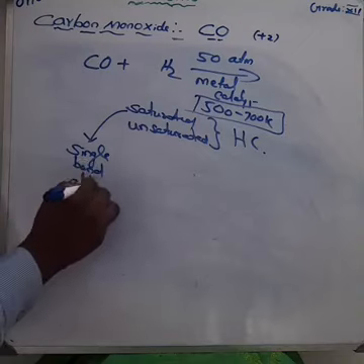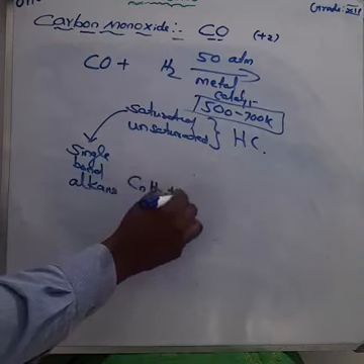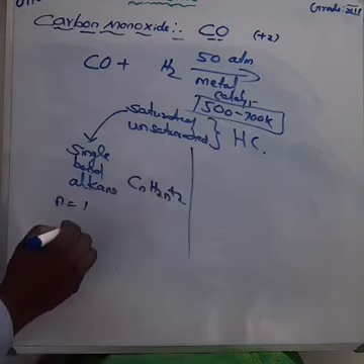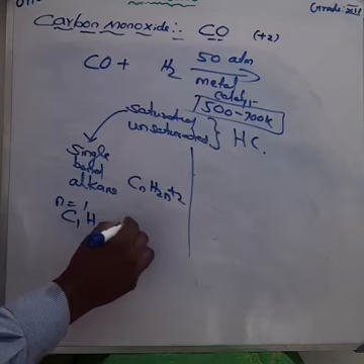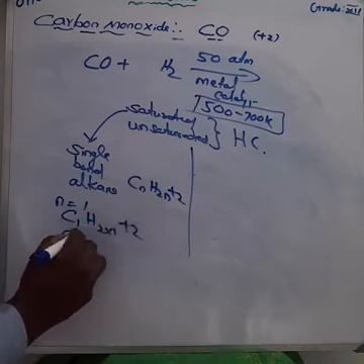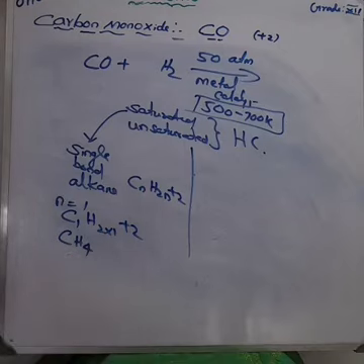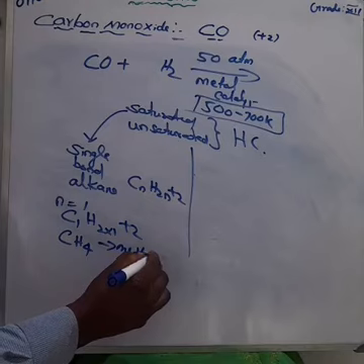The general formula of alkane is CnH2n+2. For example, n equal to 1: C into 1, H into 2 times 1 plus 2, that is CH4. What is CH4? Methane.